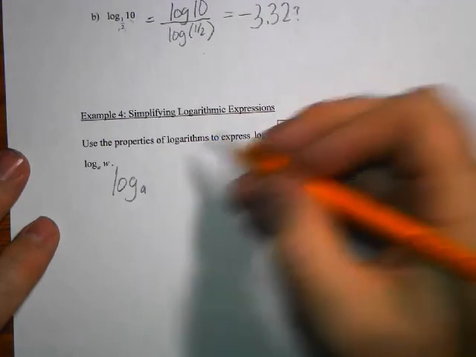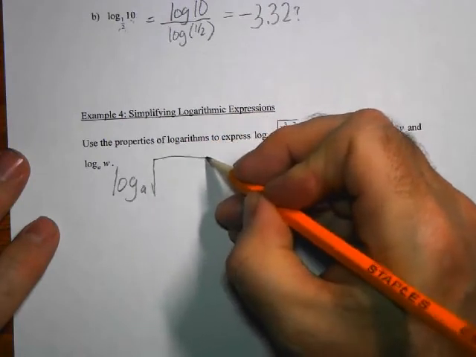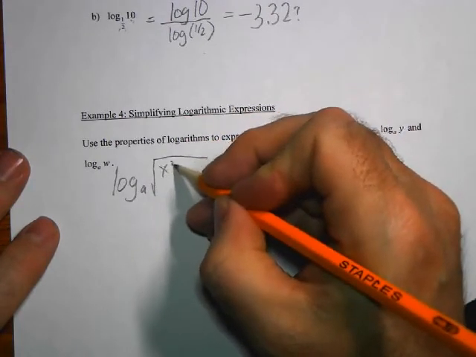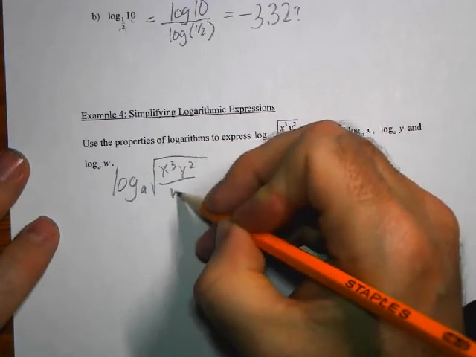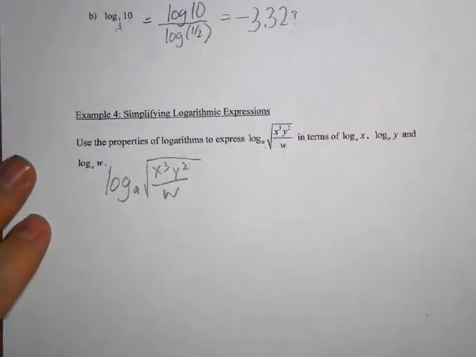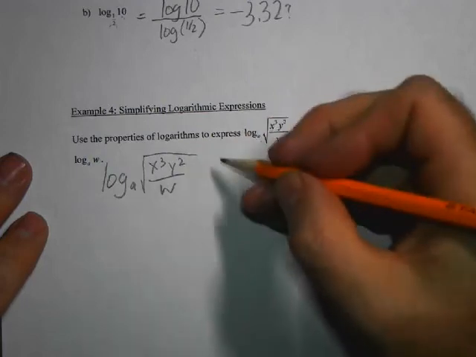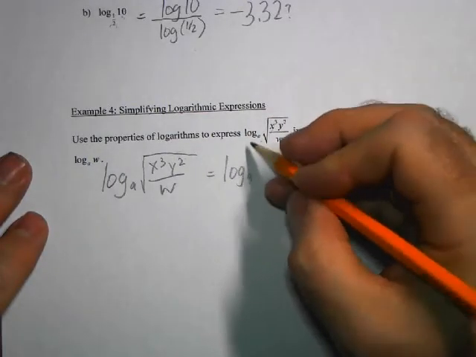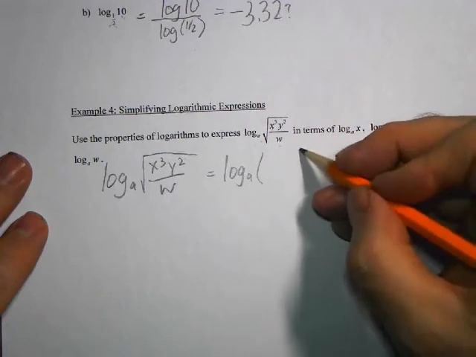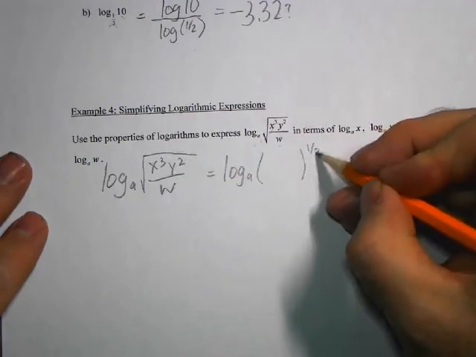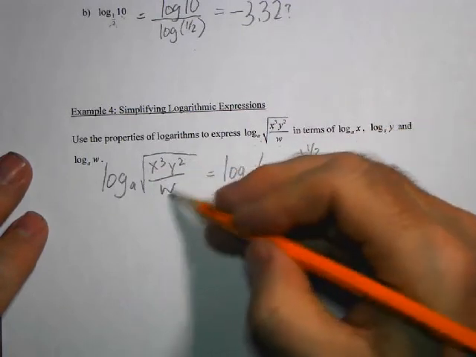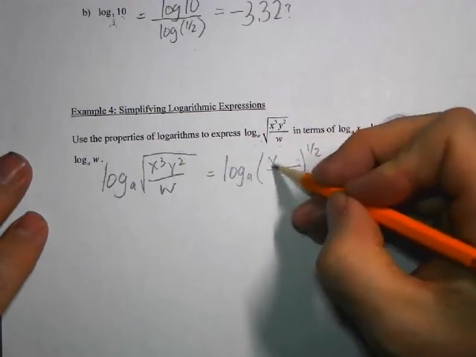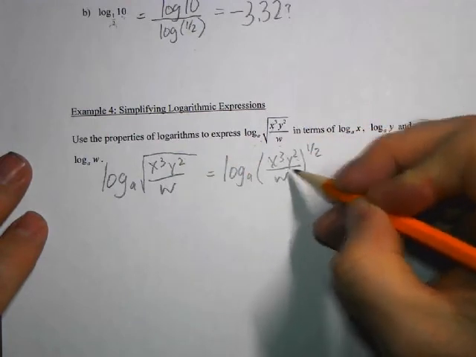So this is the original question, log base a of the square root of x cubed y squared over w. Okay, so the first thing I see is that square root, so I'm going to rewrite that log base a. I'm going to put the square root as a power of 1/2, and everything under it goes in the brackets here, x cubed y squared over w.